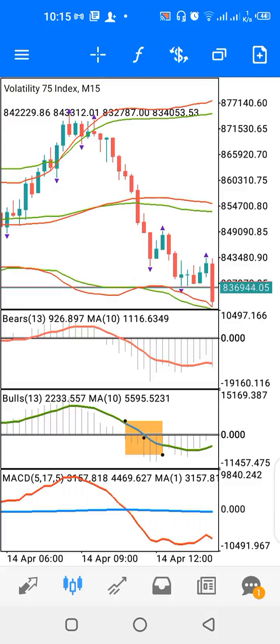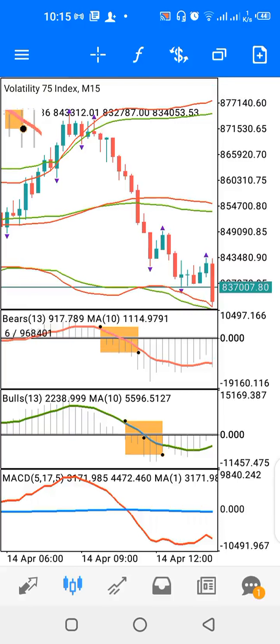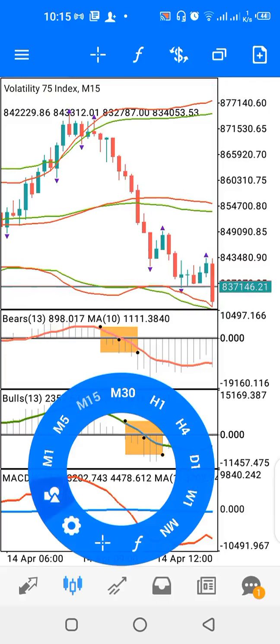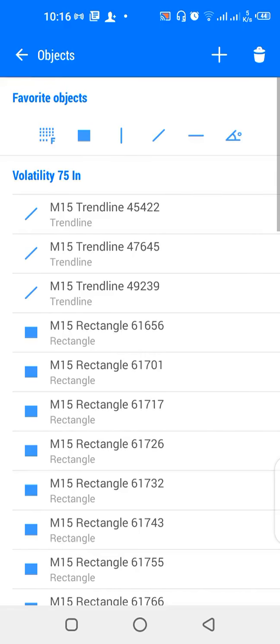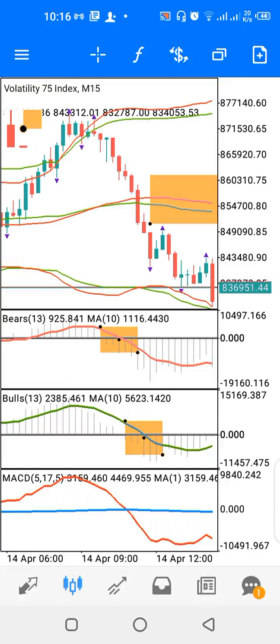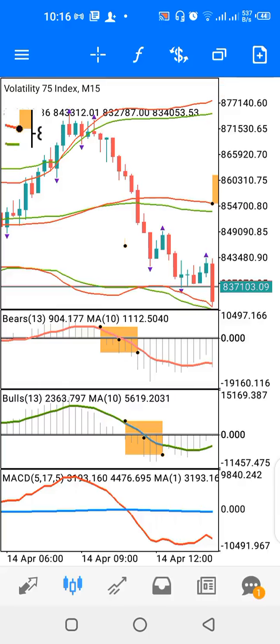Of course, this is time to sell on indicator window 1. And this is the time to sell on the main chart. Let me highlight it. It's time to sell on the main chart.